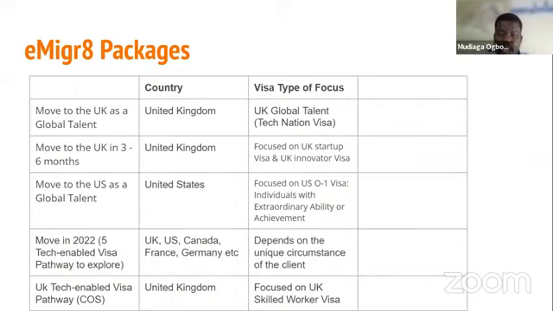So don't shy away when you see words like extraordinary ability or extraordinary achievement. You probably meet the criteria already. By the time we start talking, you start understanding what I mean, because some of these extraordinary abilities or extraordinary achievements are things that you might have achieved in your day-to-day work, in your career already, and it's just to put them together in such a way that anybody assessing them will see you as globally attractive, right?